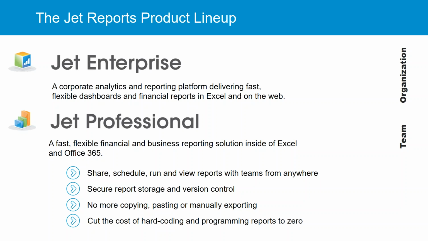It comes with Jet Enterprise. The Jet Professional piece also comes with Jet Enterprise. It's business reporting and analytics, all sitting in Excel, as well as support for sharing and scheduling from anywhere over the web. It helps individuals and teams create and manage the reports they need to run their business.